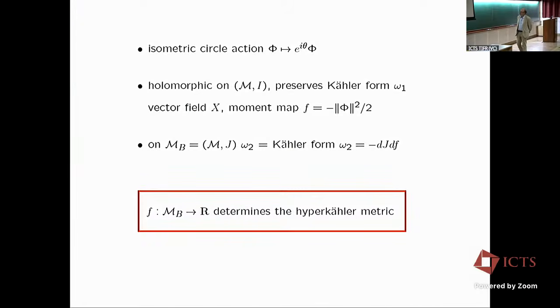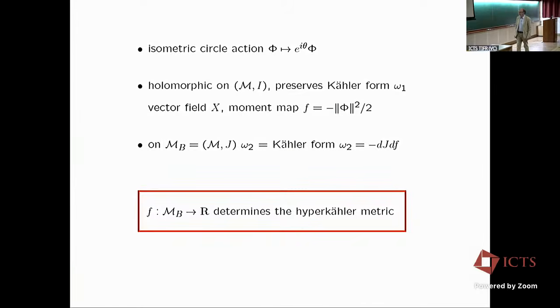And the other role that this function F plays is that it actually determines the Kähler form omega-2 by this formula here. So it's a Kähler potential in complex structure J, but it's a moment map in complex structure I.